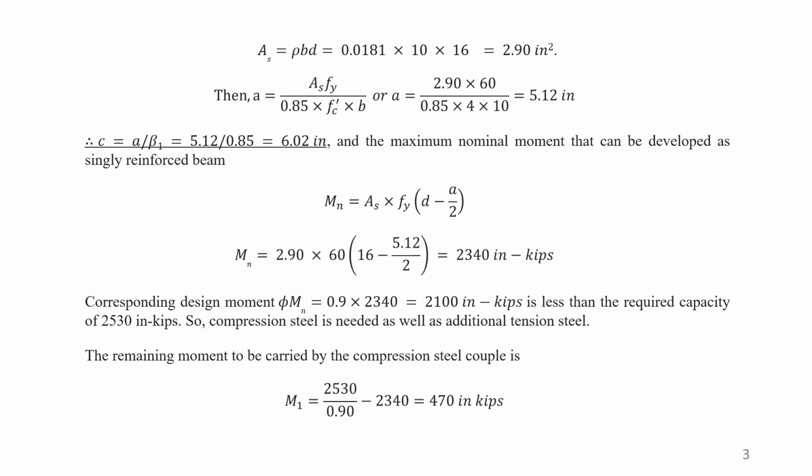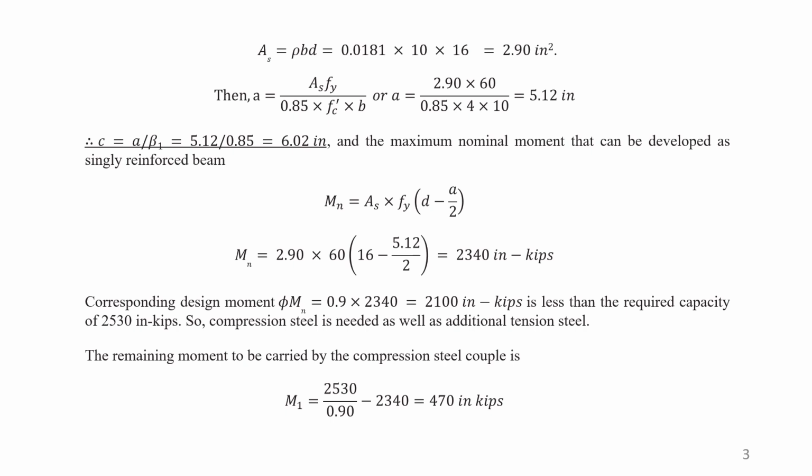This value is 6.02, and the maximum nominal moment that can be developed as a singly reinforced beam is Mn equal to AS Fy (D minus A by 2). This is the formula for finding the moment from steel area and Fy. You can see these equations in the previous lectures or in the text, and we will use that equation.